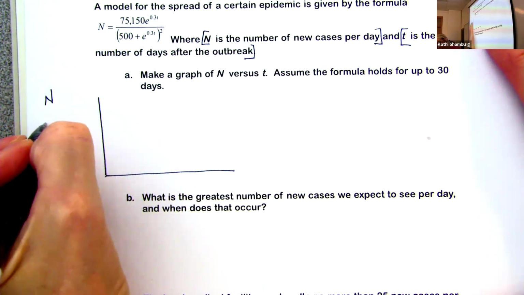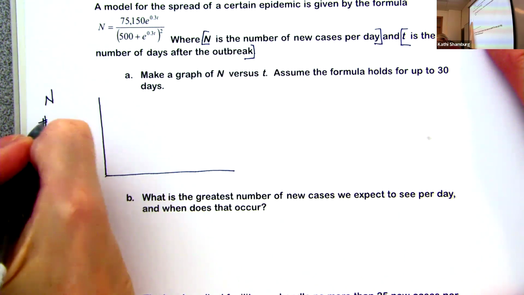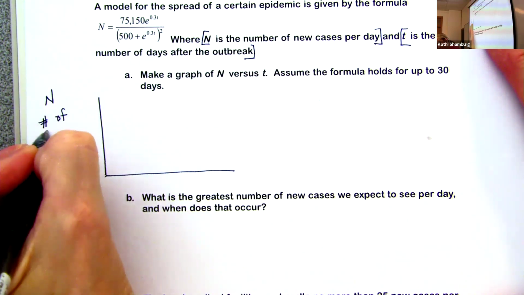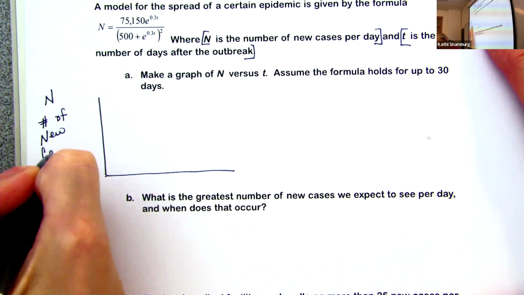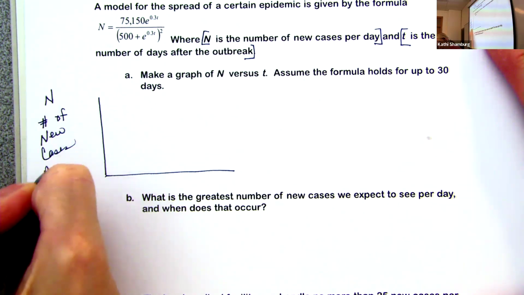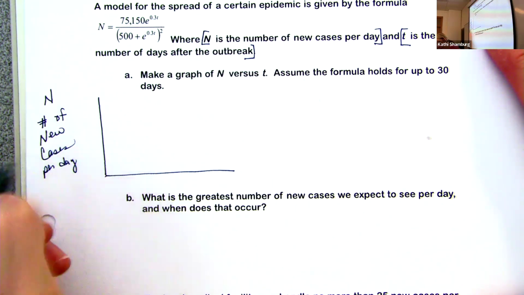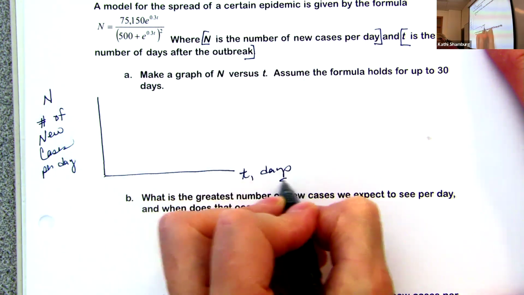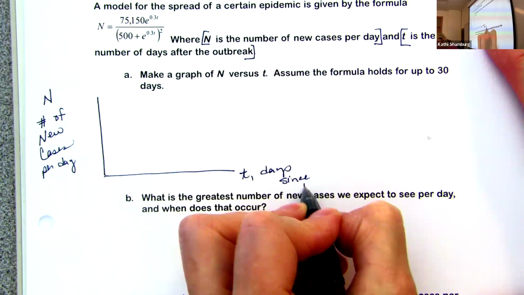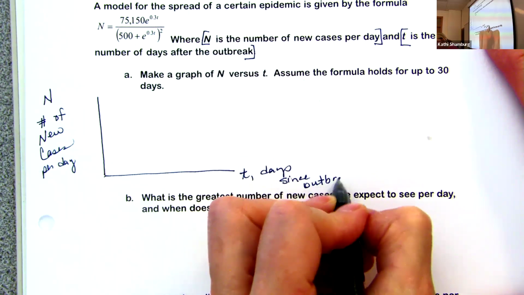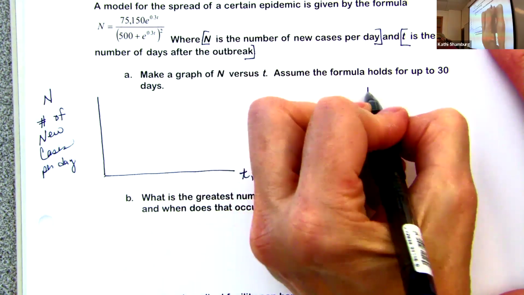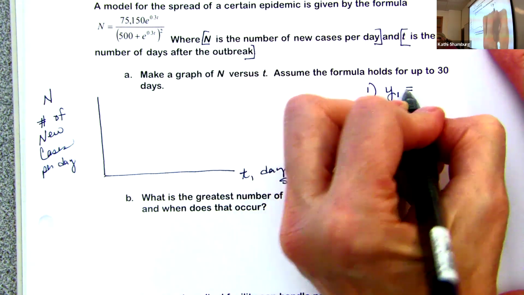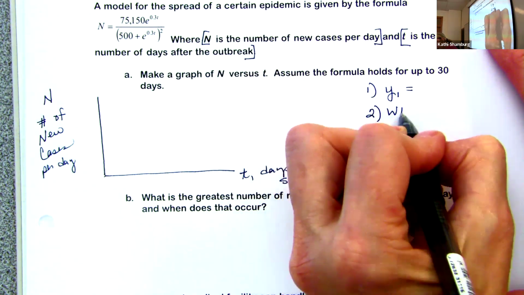In number of new cases per day, T days since outbreak. All right, so we know we're going to do Y1 equals, window.